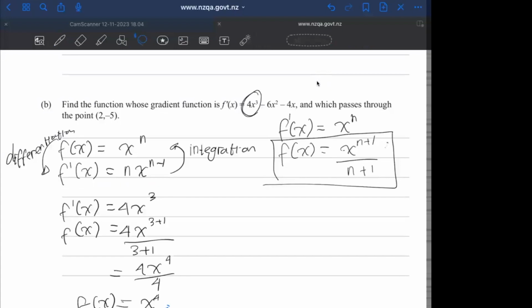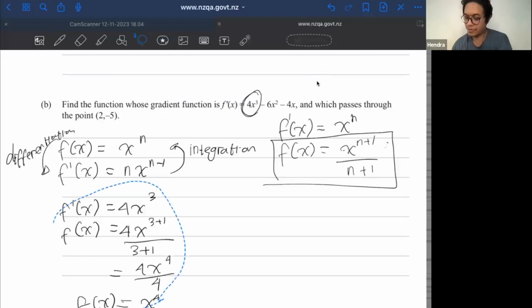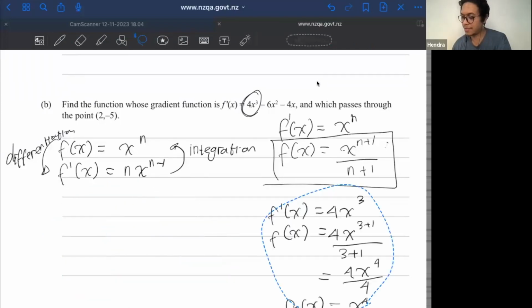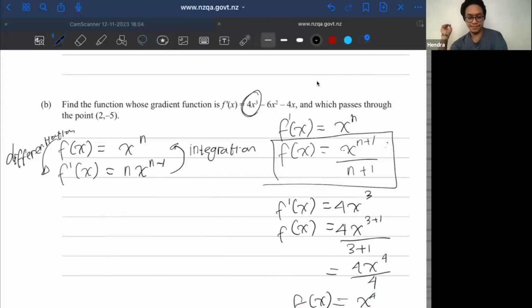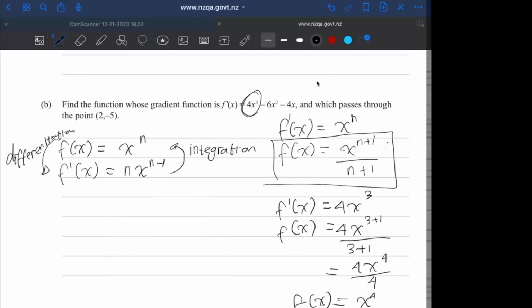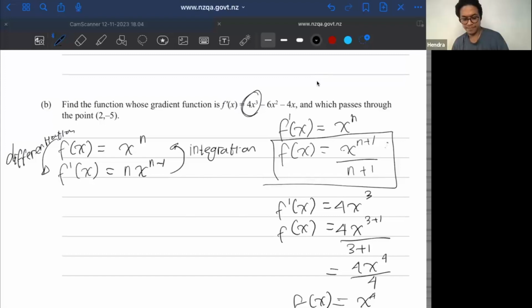Can I just write down the example? Sure. So this is the example of this.